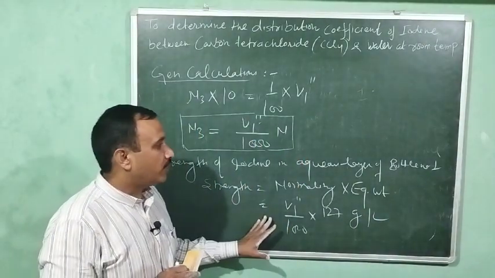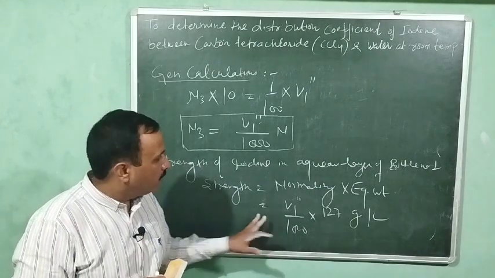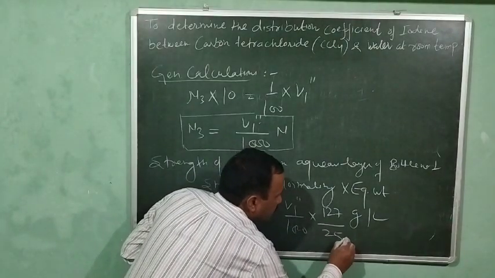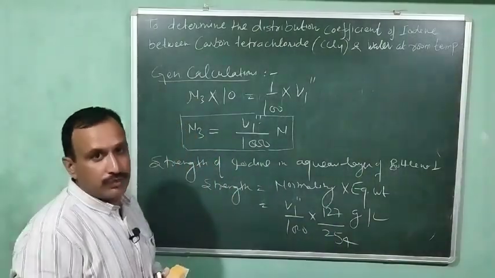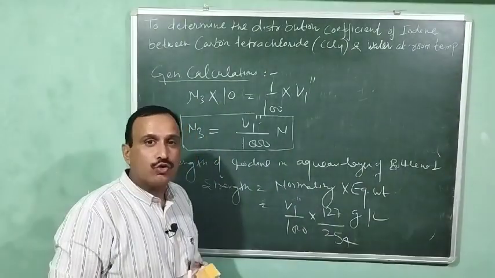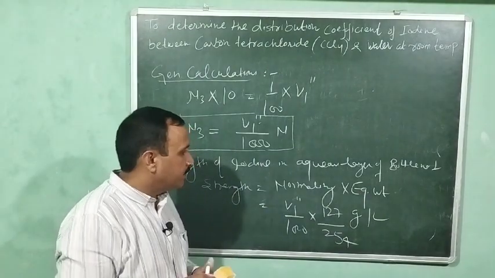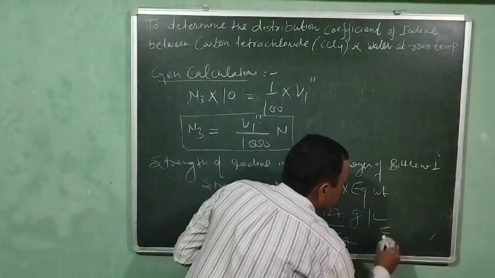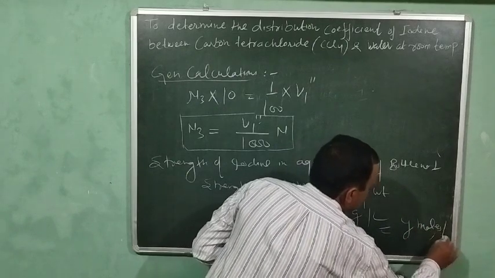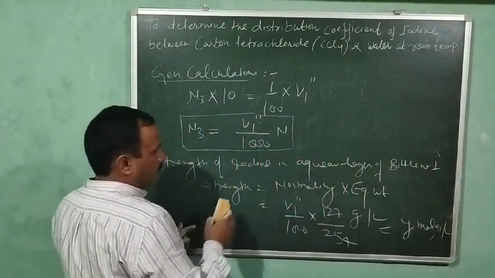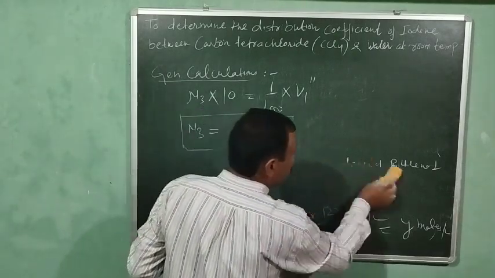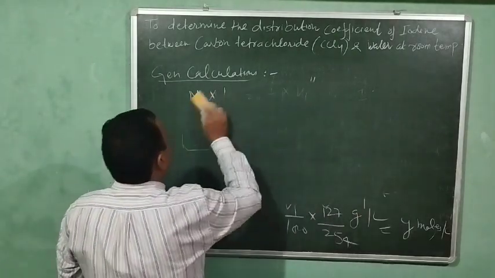So this is the strength of iodine in the aqueous layer of bottle number 1, and as I said, when I divide it by 254, which is the molecular mass of iodine, this strength will be converted into the concentration in moles per liter, and let it be equal to Y moles per liter. So this will be the concentration of your iodine in the aqueous layer of bottle number 1.